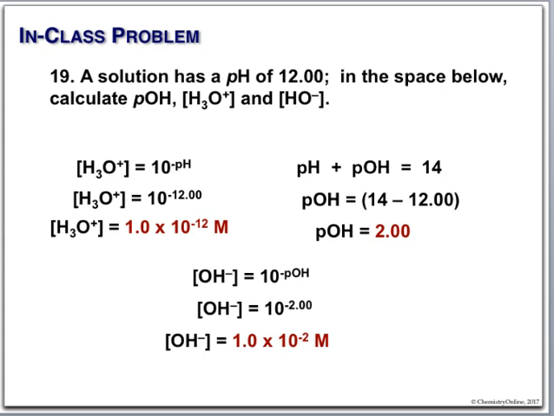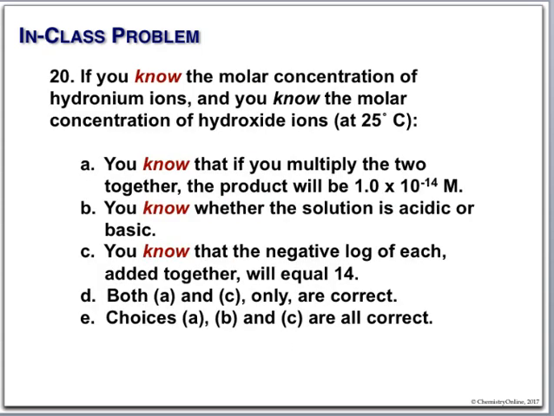And our last one here. If we know how many moles per liter of hydronium we have, and we know how many moles per liter of hydroxide we have, what do we know? Doesn't matter what they are, but we know them both. Things we remember. If we multiply these 2 together, the product will be 10 to the minus 14.